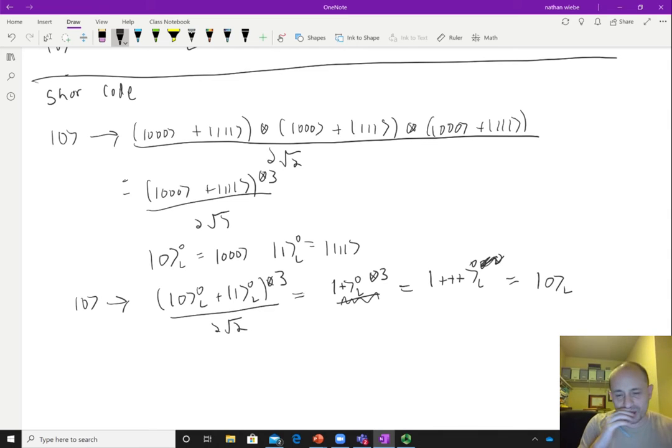So what I'm saying here is that we can view this as being a phase flip code, where remember this was the code word for 0 in the phase flip code, built on top of the bit flip code over here, which shows up inside there. So that's how the Shor code ends up concatenating the two.